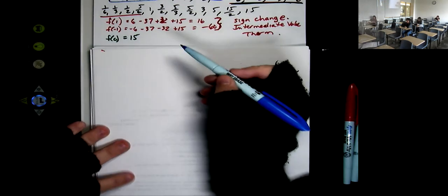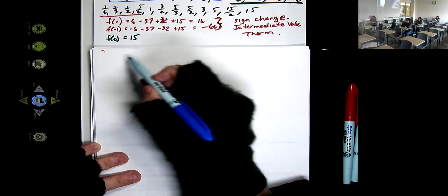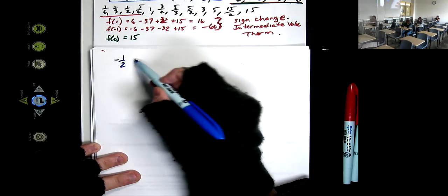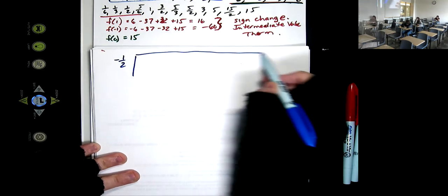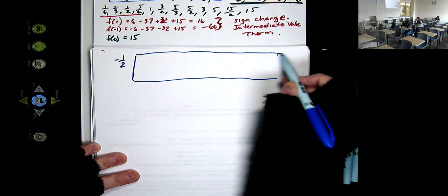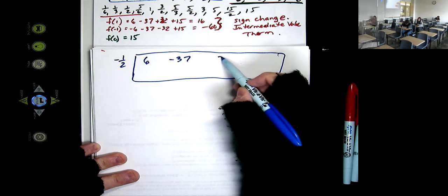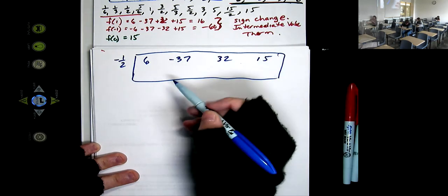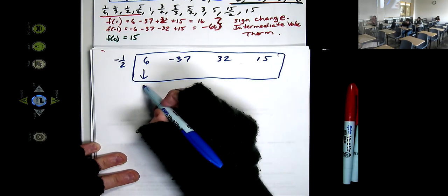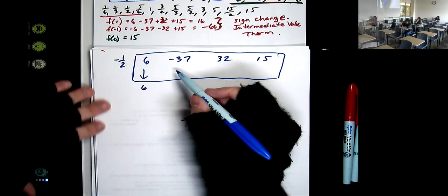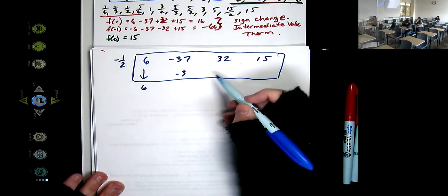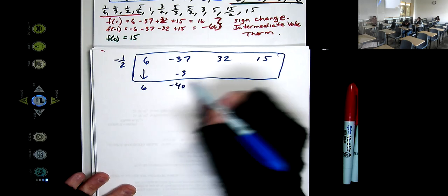Now, this is where it gets a little hazy. So let's try -1/2. I know -1/2 doesn't work, but I want to illustrate the idea of how you use this theorem. We have 6, -37, 32, 15. This is probably easier if you plug it into the calculator, but I'm not sure. I'm just going to walk through it and find out.